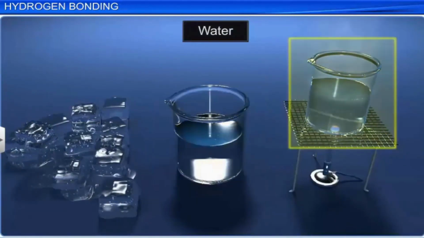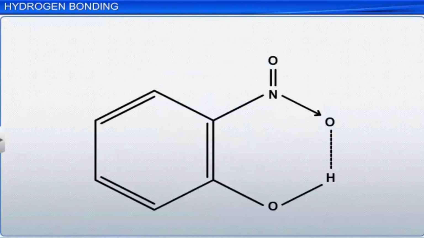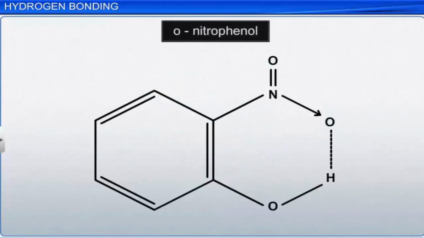The hydrogen bond present in water is said to be an intermolecular bond, which means that the hydrogen bond is formed between 2 different molecules of the same or different compounds. However, in certain compounds like ortho-nitrophenol, a hydrogen bond is formed between the hydrogen atom of the hydroxyl group and a highly electronegative atom, that is, oxygen of the nitro group, present within the same molecule.